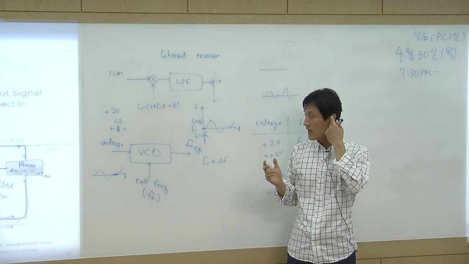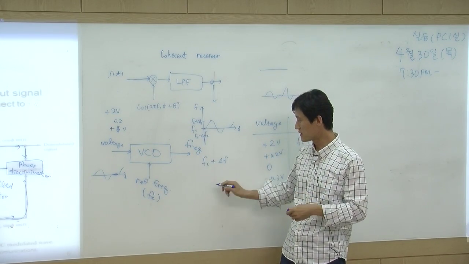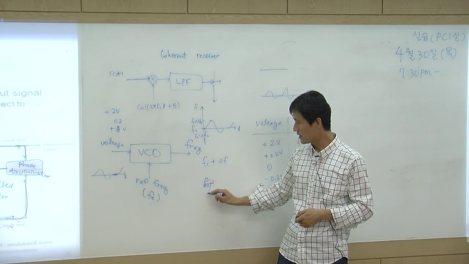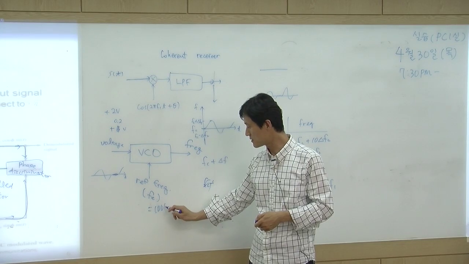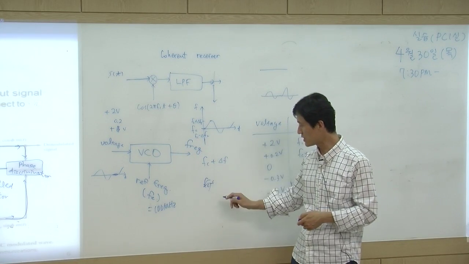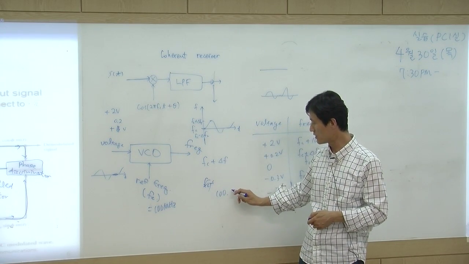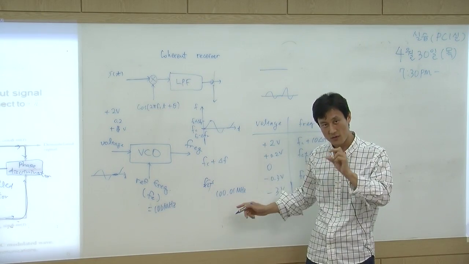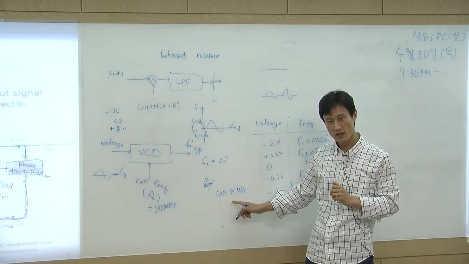But let's say I want to create FC plus something. Let's say our FC is 100 megahertz, and I want to create 100.01 megahertz. So it's a little bit higher. How do you do that?